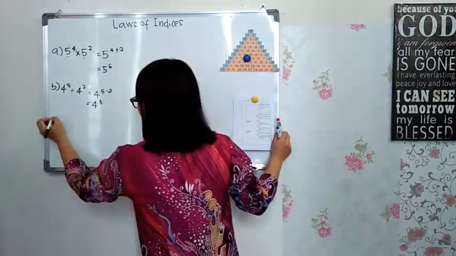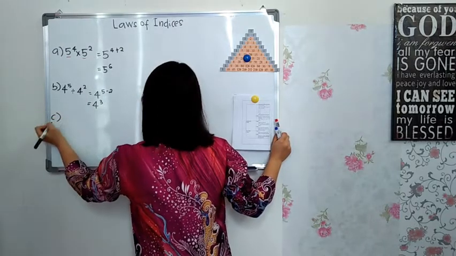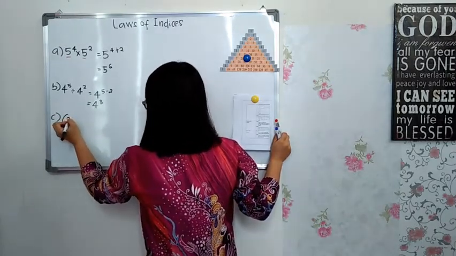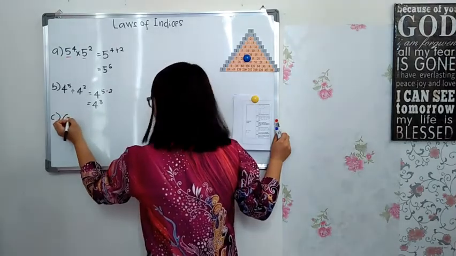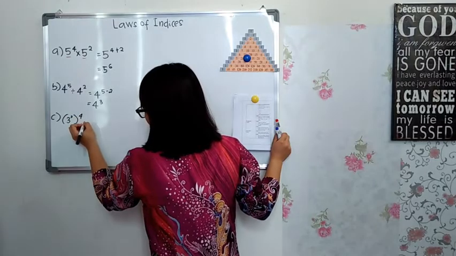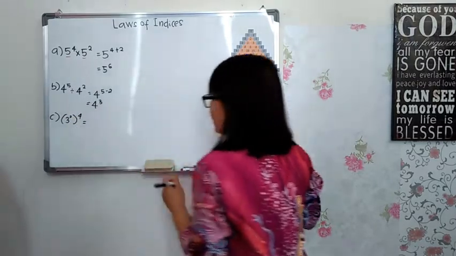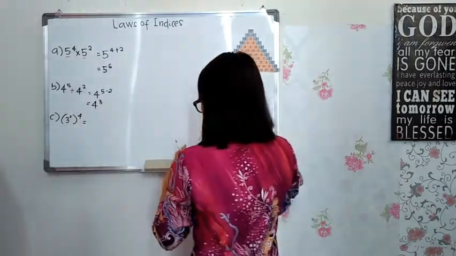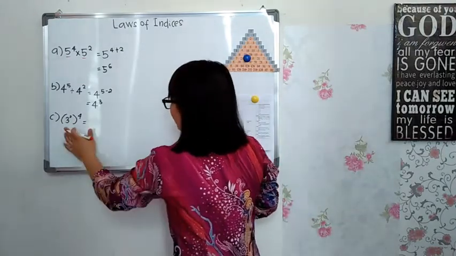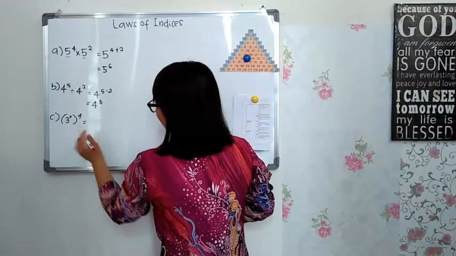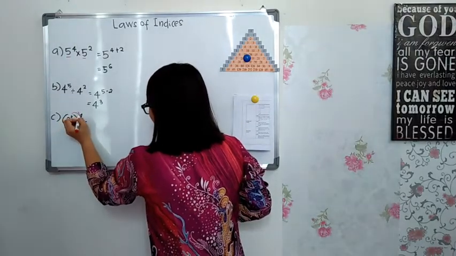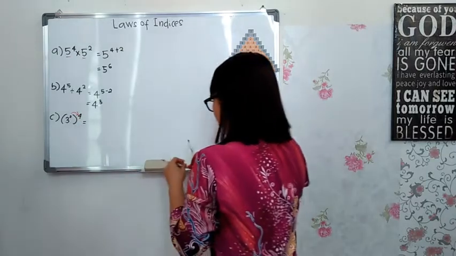Next, we discuss C. C is 3 to the power of 2, all to the power of 4. How to get this question? 2 multiplied by 4.